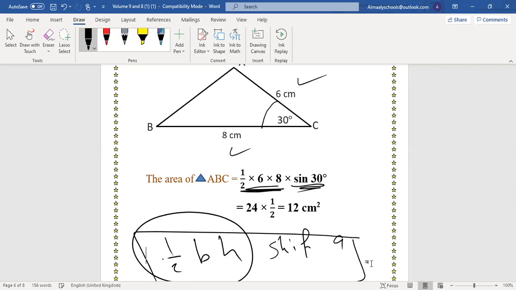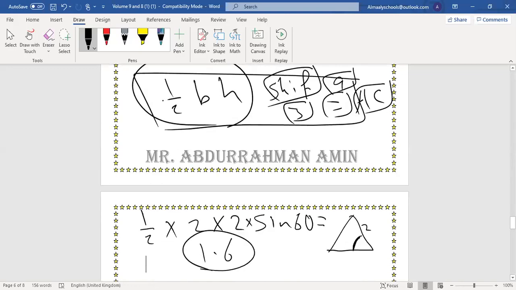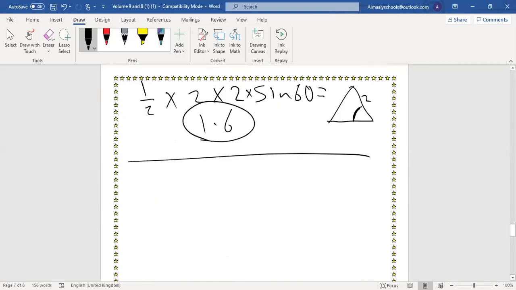Shift 9 3 equal AC. And do it again, it will be 12. Okay, thank you. You're welcome.